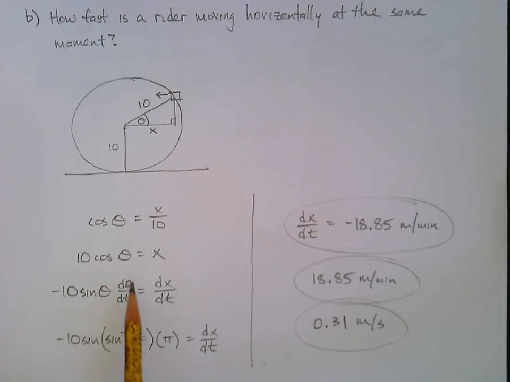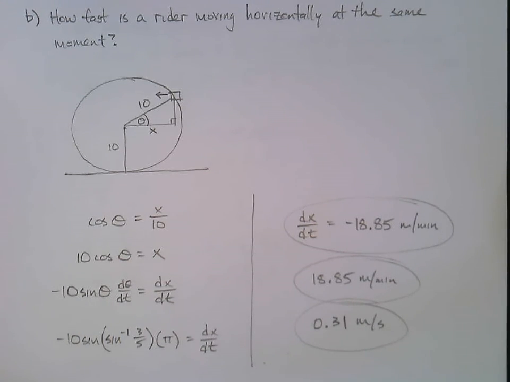And then we'll take derivatives with respect to t. So the derivative of cosine is negative sine. So I could just say negative 10 sine theta d theta over dt is equal to dx over dt. Now I know theta, it's the same theta.